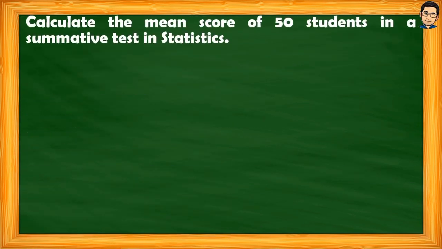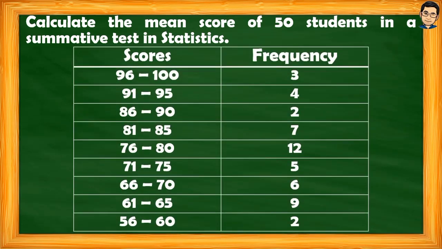Calculate the mean score of 50 students in a summative test in statistics. Apply natin yung formula through a given problem. Ayan po yung scores and then frequency. As you can see, yung lowest possible score na pwedeng makuha ng bata is 56, and yung highest score is yung perfect score, 100.